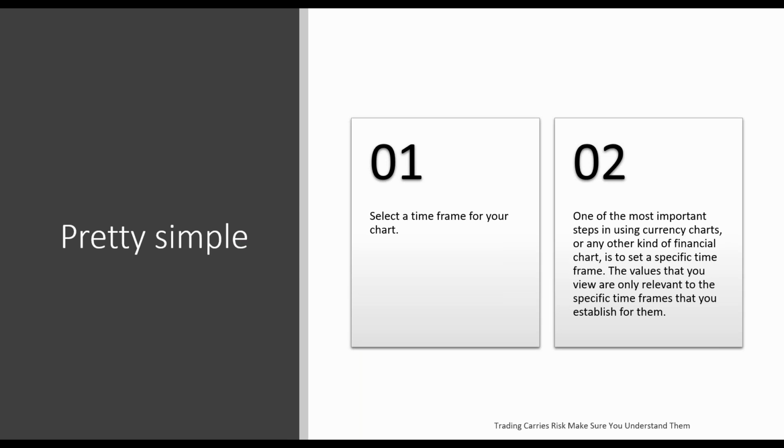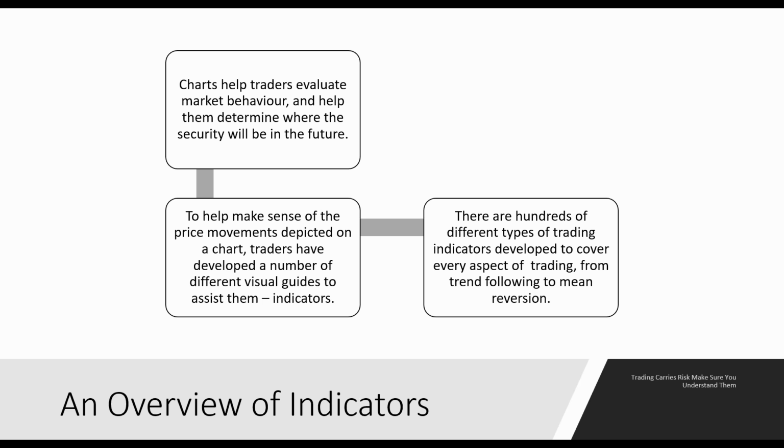Once you've selected the time frame of your charts, the most important step in using charts or any other kind of technical analysis is to set a specific time frame. The values that you view are only relevant to the specific times that you establish for them. Charts help traders evaluate market behavior and determine where the security will be in the future.